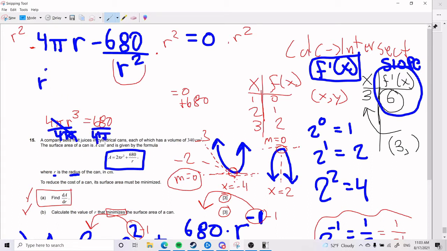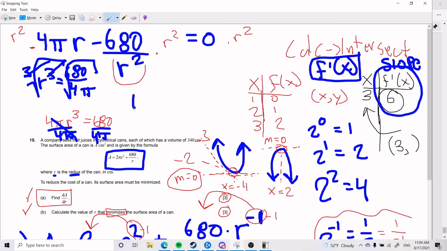We end up with r cubed being equal to 680 over 4 pi. And I'm going to do the cube root here. And so if I do that, I'm going to get rid of the exponent 3 and end up finally with r being equal to the cube root of 680 divided by 4 pi.